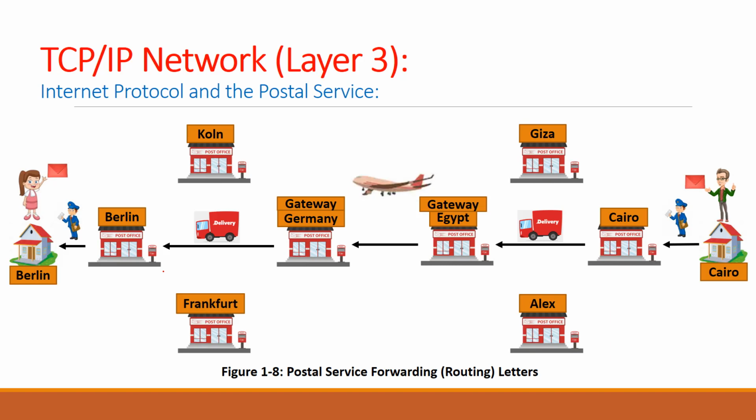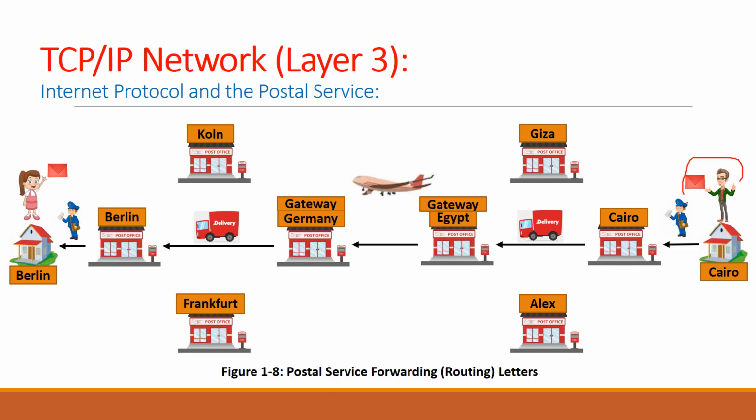Let's go back to the example of the post office when Muhammad was trying to send a mail to Jasmine, and we will see how addressing and routing work with the post office and how routing is accomplished in computer networking.